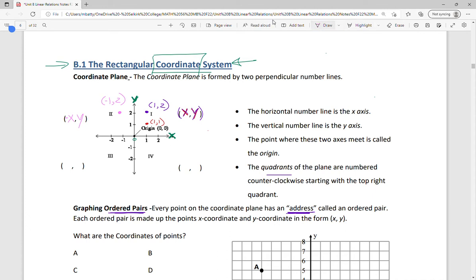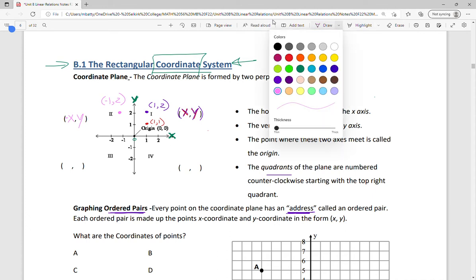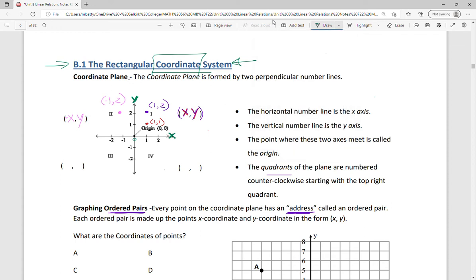I think it's handy to have an example rather than just trying to memorize this stuff, because it's very logical, right? So here I have a point right there. The address of this ordered pair will be -2 and -1. If you take a look at this third quadrant, everything is going to be negative. We'd have a -x and a -y, always.